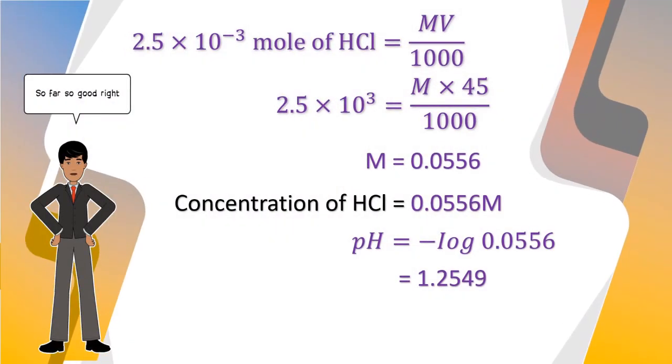After that we replace the mole into the n equals MV per 1000 formula to get the molarity or the concentration of HCl, which is 0.056 molarity, the new molarity. Then we know that pH equals negative log of the concentration, and you will get that pH is 1.2549.